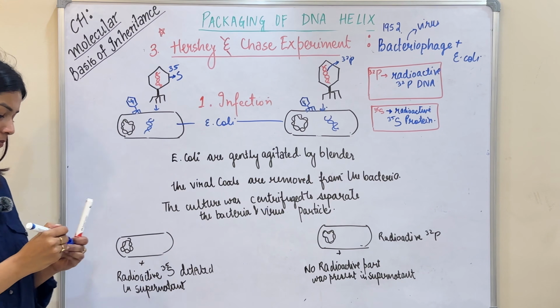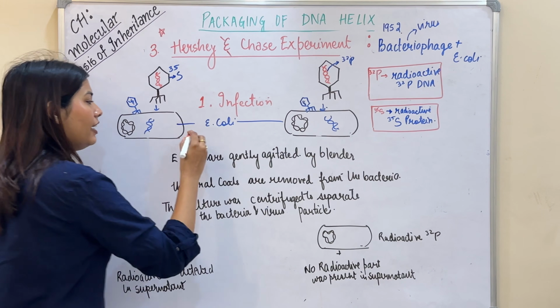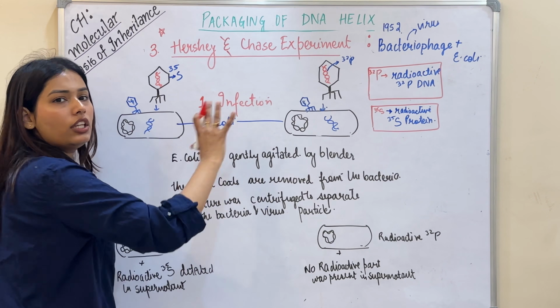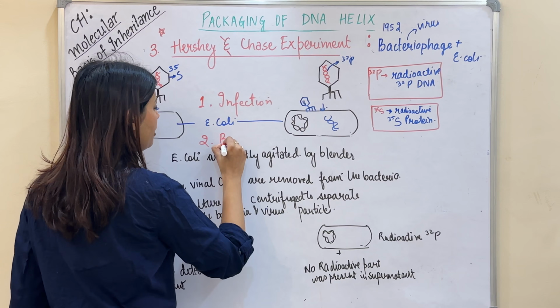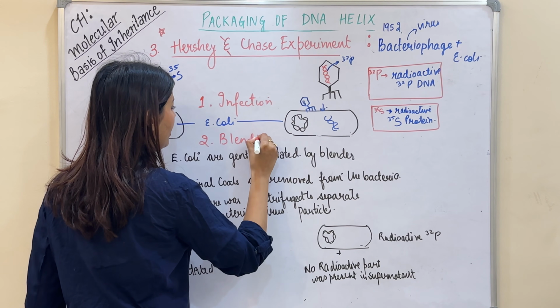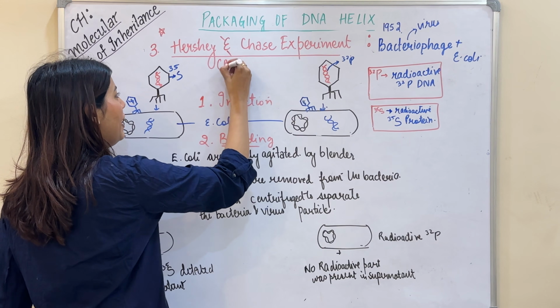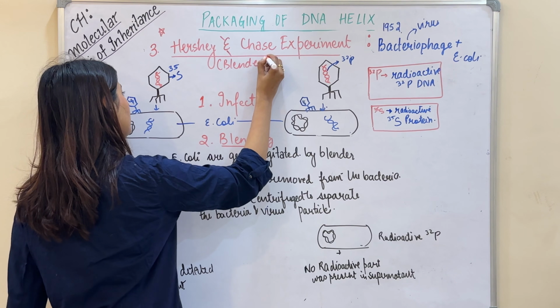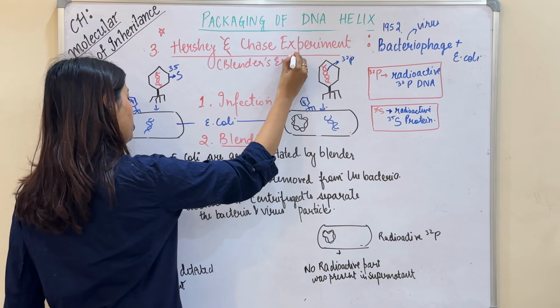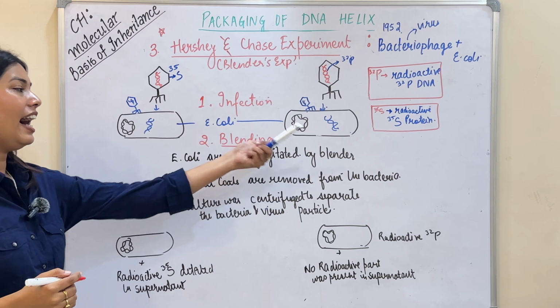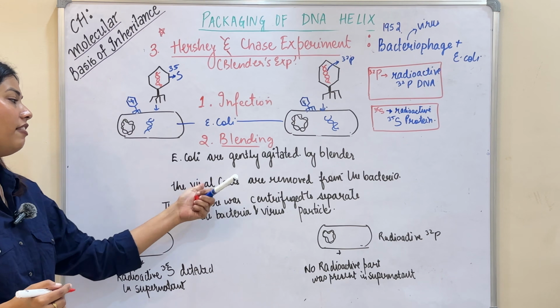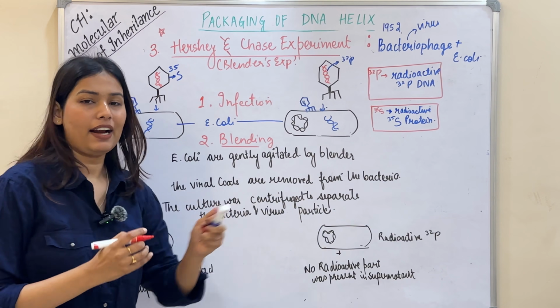After that, they blended all the solution. The second step was blending, and that's why we refer to this experiment as the blender experiment. The E. coli are gently agitated by a blender, and the viral coats are removed from the bacterium.